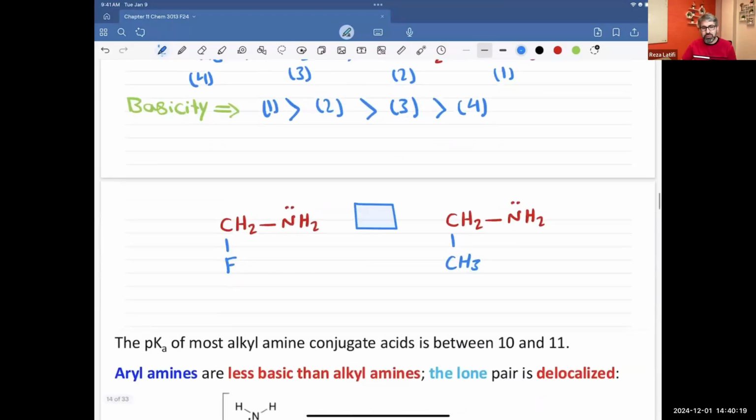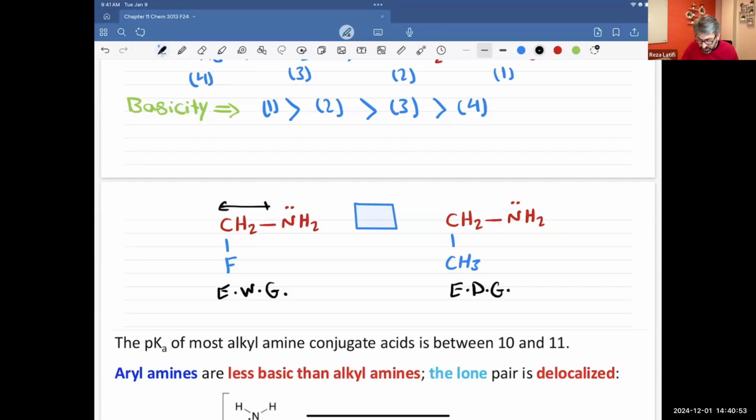And now, if you, for example, compare CH3 with fluorine or chlorine, you will find out that CH3 is an electron donating group, while fluorine is an electron withdrawing group. And when it comes to basicity, fluorine is going to pull electron density to its side. That means it will apply some induction effect or pulling effect. It will pull the lone pair to itself.